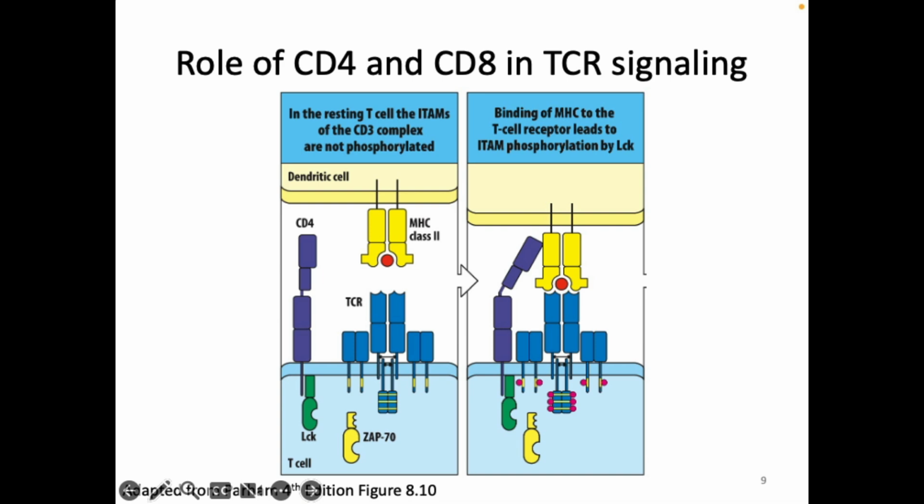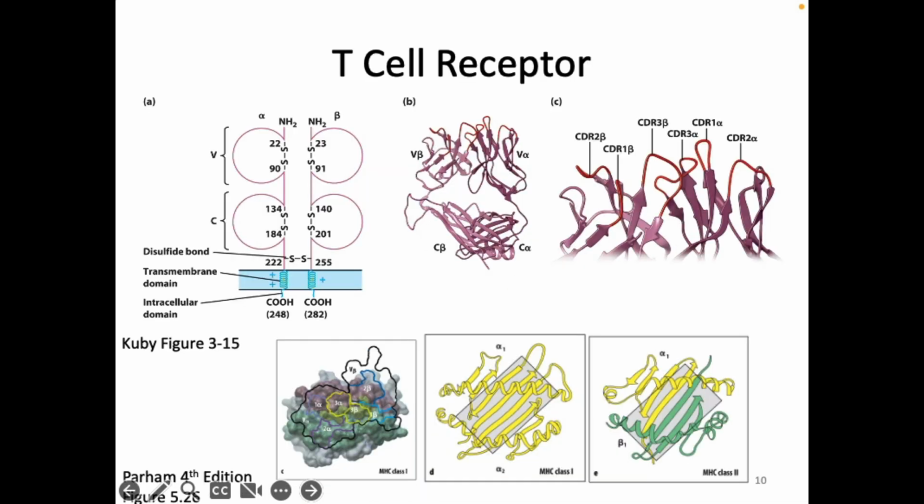All right. So that's one thing you need to know about the T cell receptor. But we also need to think a little bit about how the T cell receptor functions. Here you can see views of the T cell receptor: our transmembrane domains, our short intracellular domain, our disulfide bond, and our two immunoglobulin domains, making a variable domain and a constant domain on each chain.